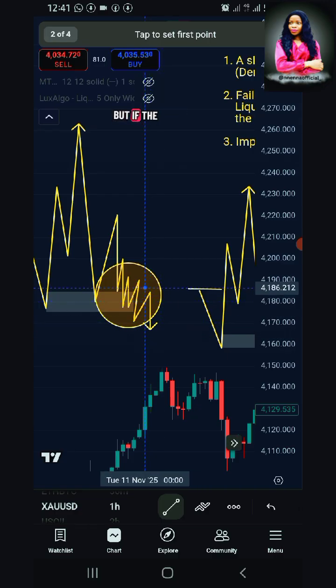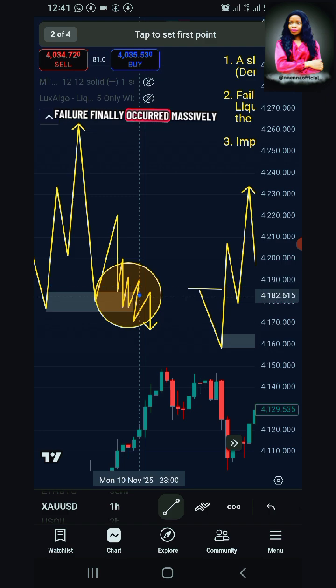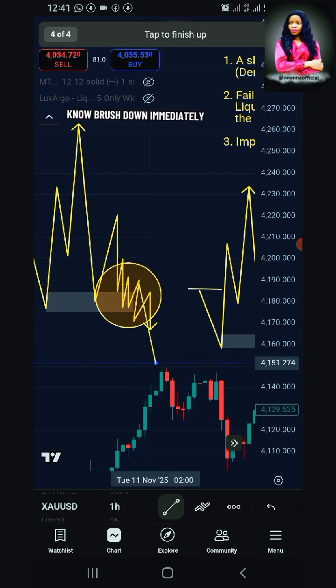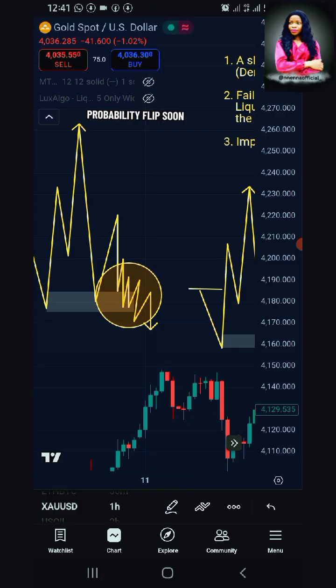But if the failure finally occurred massively, brushed down immediately with no other reaction or retracement, then that is an impulsive move. And that is the third confluence to a high probability flip zone.